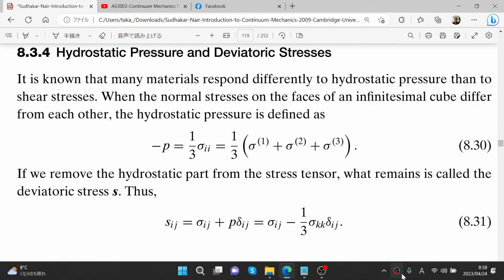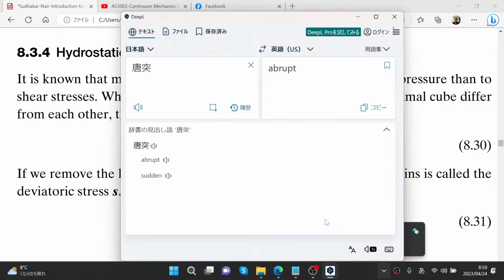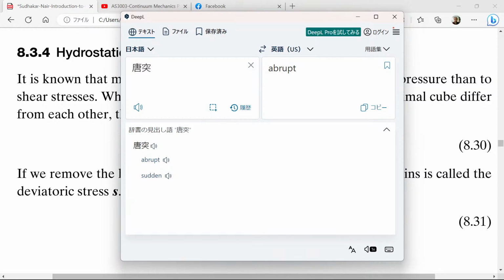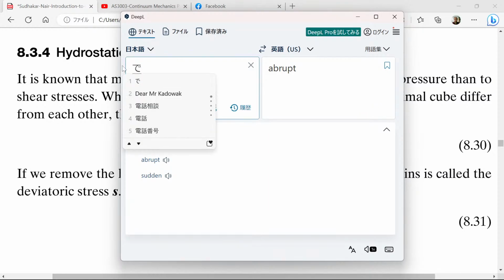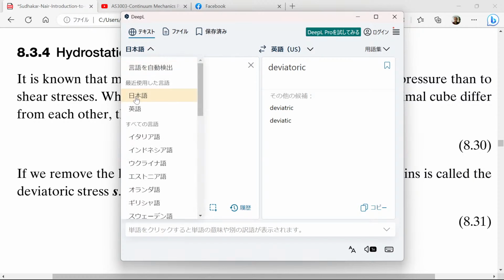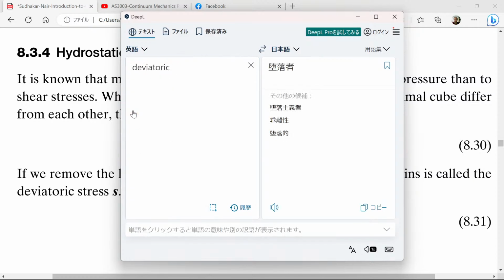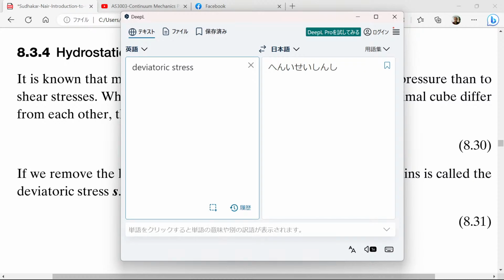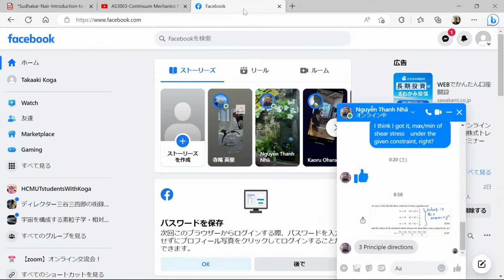Deviatoric. What is deviatoric? Deviatoric stress.